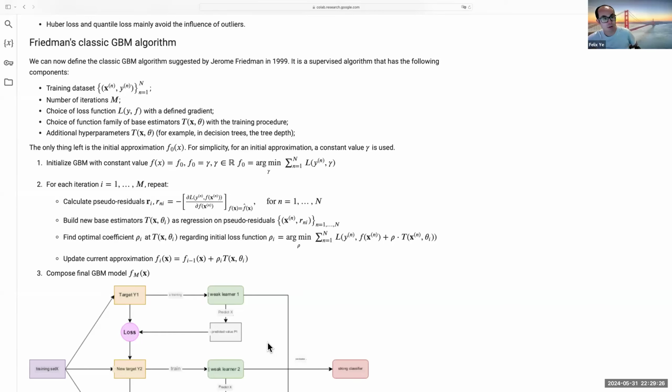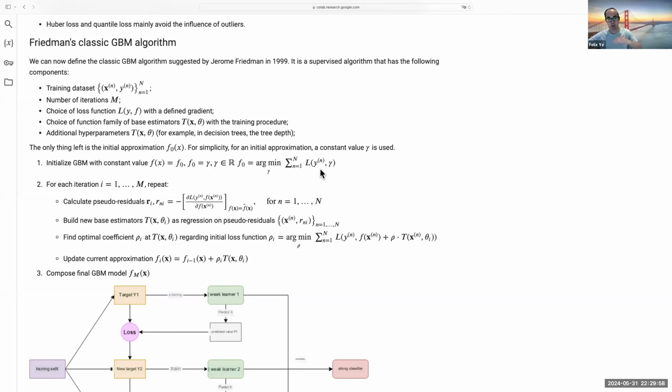What we do is start with F0, which is the initial guess. As I mentioned, this will be guessed as a constant, just a gamma right here, which is a real value. For this initial approximation, we only consider a constant value gamma. We try to find the gamma that minimizes the whole loss function.